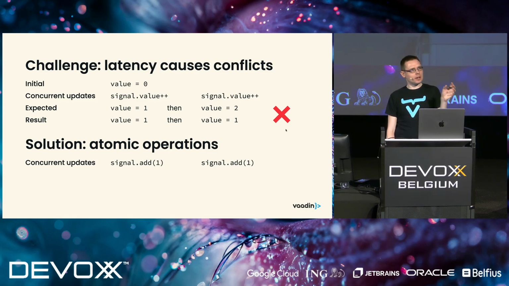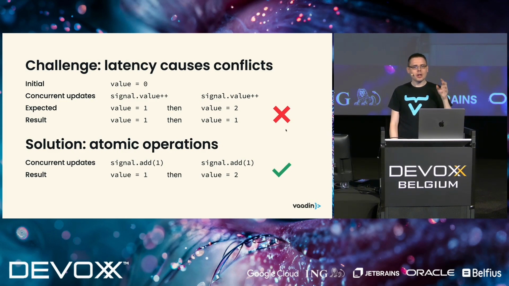Each of them can on their own compute that, well, then the value would be 1 after being 0, but they're not sending an update over the network to the other users that, hey, now the value is 1. They send, I did an addition by 1. Because then, when these changes are distributed, everyone will receive first one addition and then another addition by 1, which means that they will actually end up with 2 as the value, and that's what we expected. So that's really great.